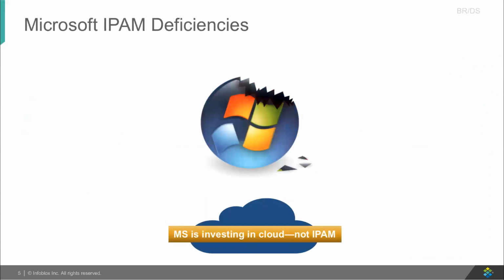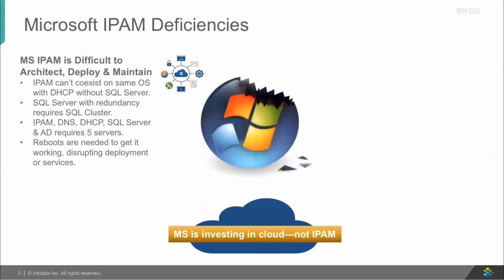So let's take a look now at some of the challenges that specifically Microsoft IPAM presents. One of the key areas is it's difficult, frankly, to architect, deploy, and maintain. IPAM can't coexist on the same operating system with DHCP without having SQL Server. And SQL Server, of course, requires SQL cluster.